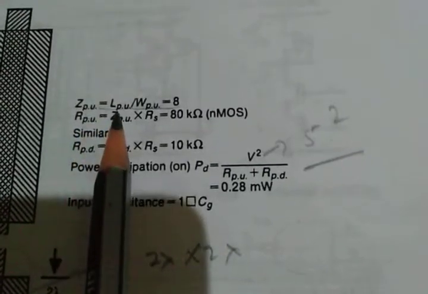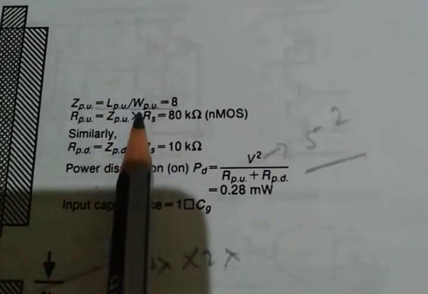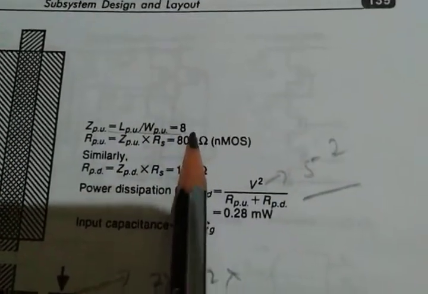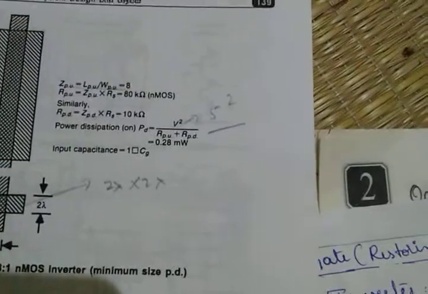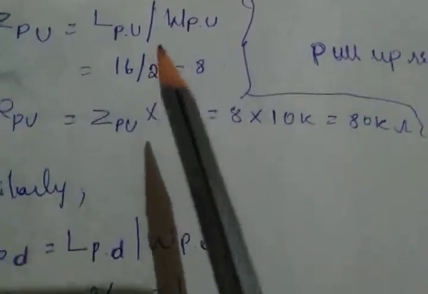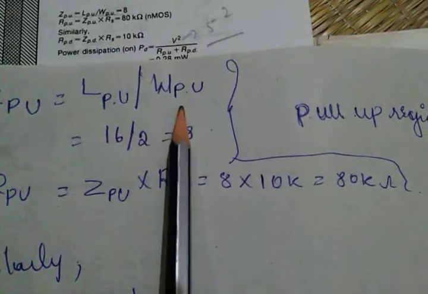ZPU is equal to the length of the pull up divided by the width of the pull up, LPU divided by WPU, so that is equal to 8.